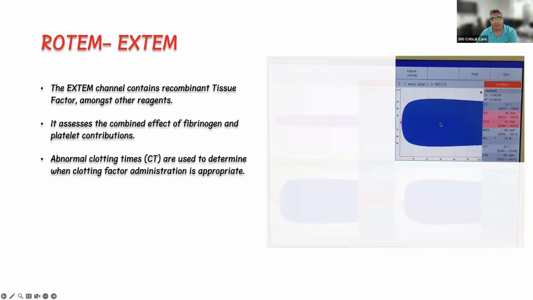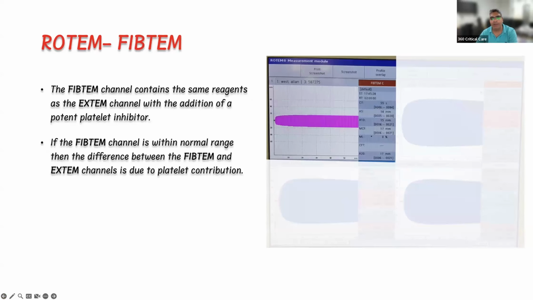Yeah. So explaining again, this is the EXTEM channel. It looks at both the effect of fibrinogen and platelets. So whatever you see here is the combined effect of fibrinogen and platelets. In the FIBTEM, whatever you see is because of fibrinogen.